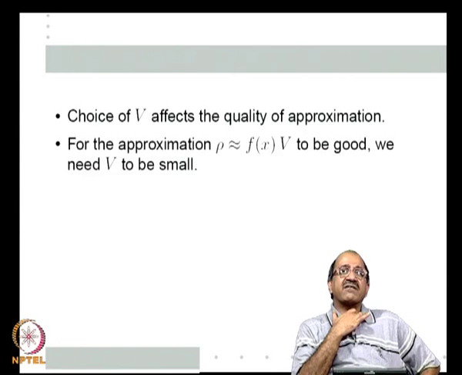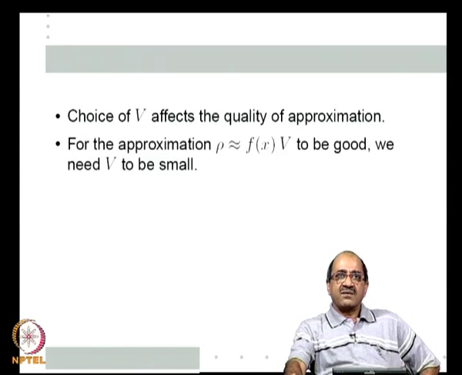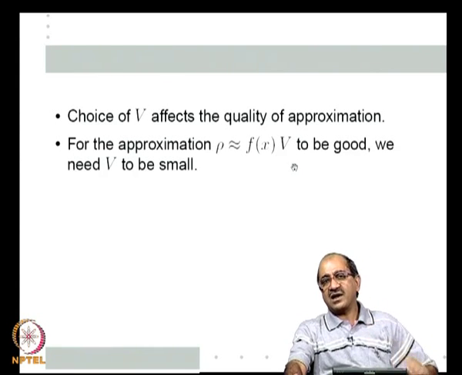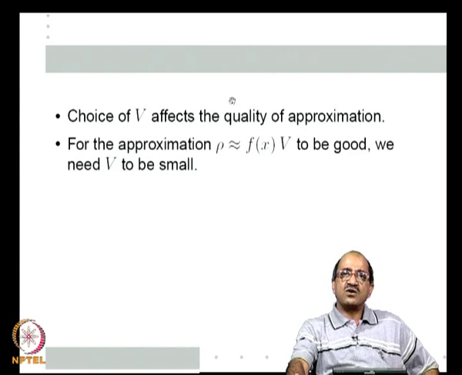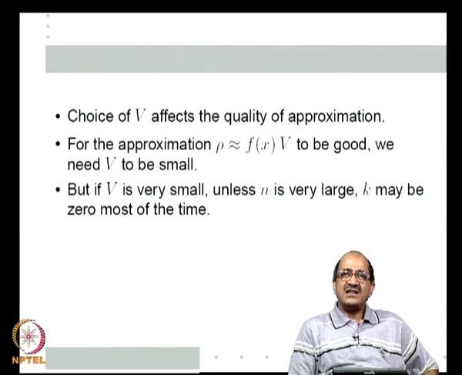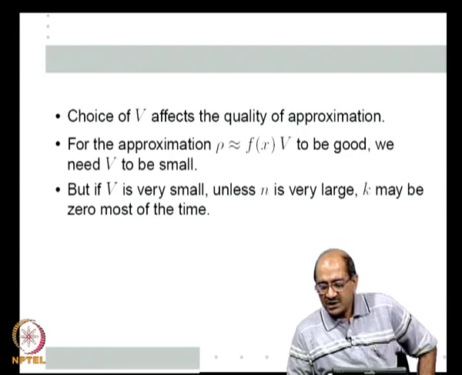There are two conflicting requirements for v. For the approximation rho equal to f(x) into v to be good, v should be small, otherwise assuming f to be constant over Bx is not a good assumption. On the other hand, if v is very small, unless n is very large, k may be 0 most of the time.